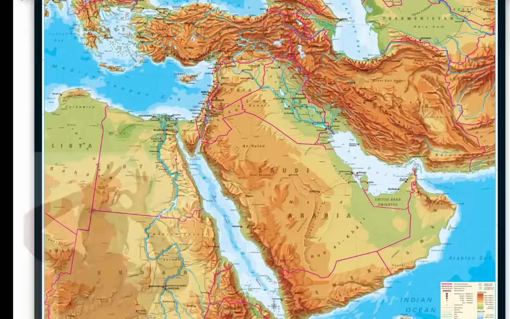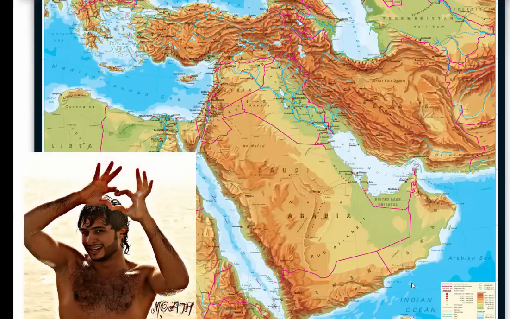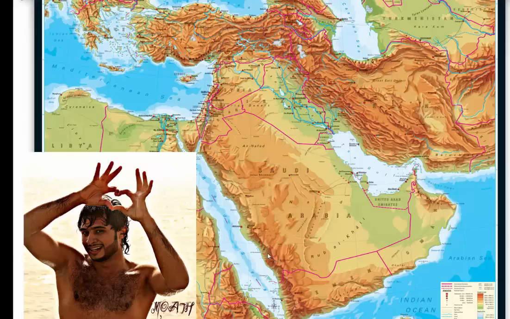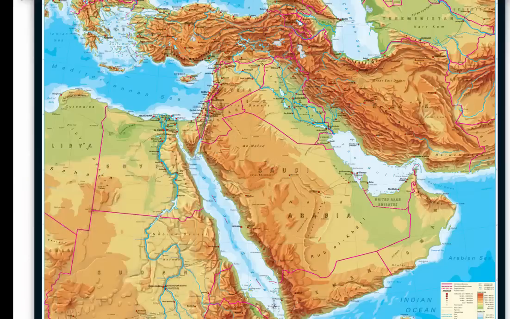So geographical maps can tell us quite a bit, and if we want to go back to our token Arab dude, the population of Arabs in the Middle East is predominantly along these regions that we're seeing. The Arabian Peninsula, Egypt, mostly the north of Egypt, as well as the area here along the Mediterranean Sea, into Iraq, and along the Arabian Peninsula.